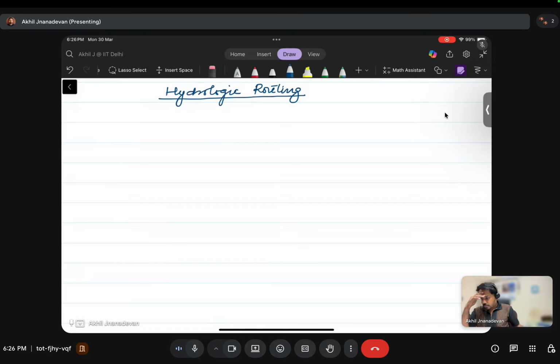Okay, so basically what it does is we have an inflow hydrograph. Say this is our inflow hydrograph.